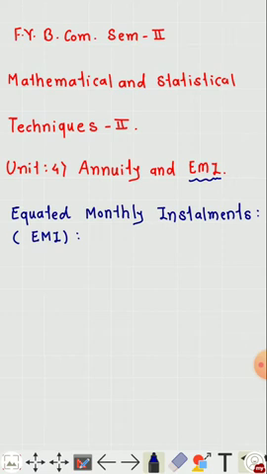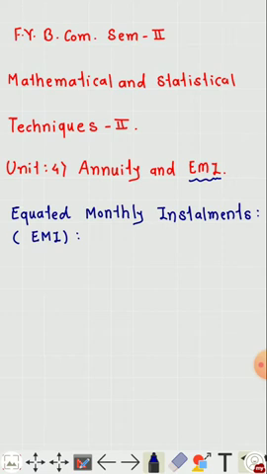This is an example of an annuity in which the present value, the sum borrowed, is known, and we find the size of the periodic payments, or installments.